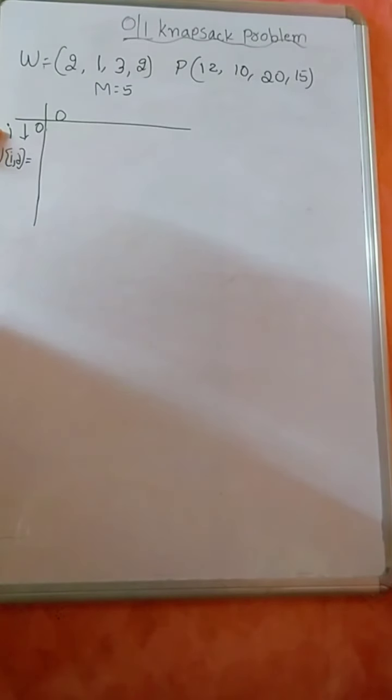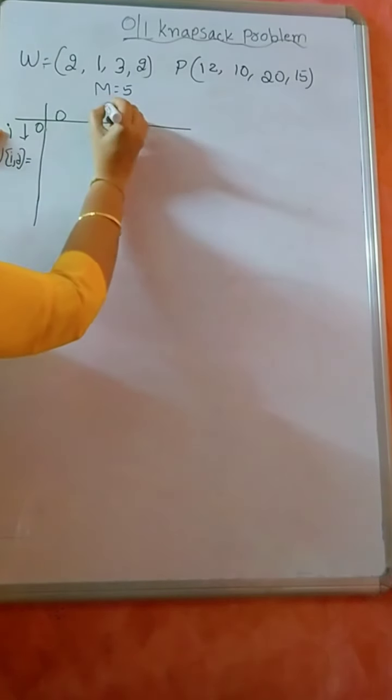Rows represent I, that is the object, and columns represent the remaining capacity J. How many objects are there? 4 objects, but I am starting with 0: 1, 2, 3, 4.